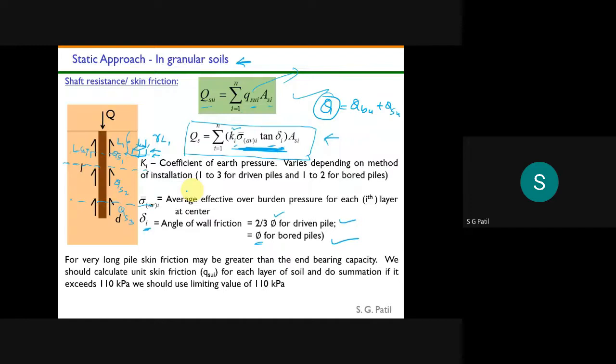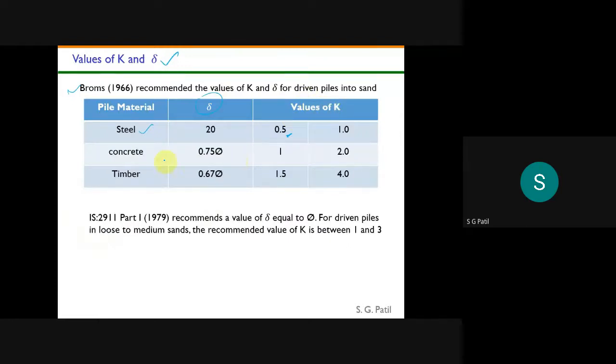That K is nothing but our coefficient of earth pressure. So for this value of K, if you are using steel, then you can take 0.5 to 1, concrete 1 to 2, timber 1.5 to 4. IS 2911 part 1 1970 recommends the delta value equal to phi for driven piles.